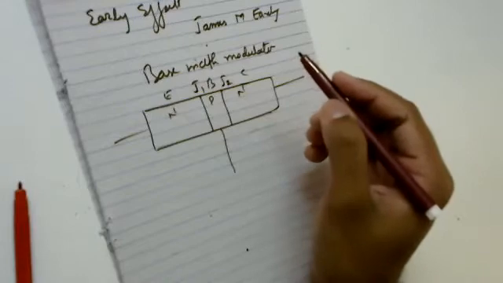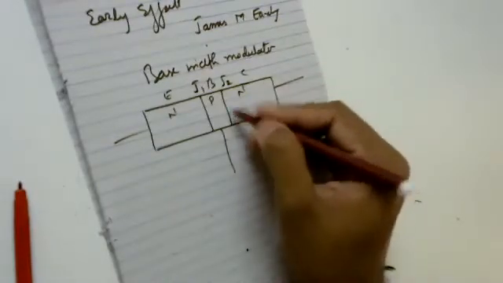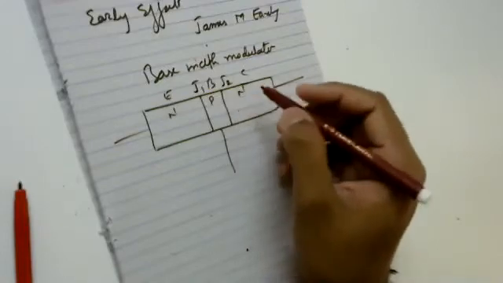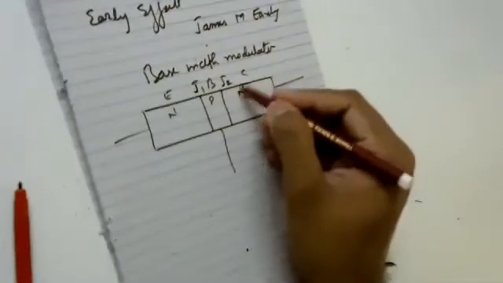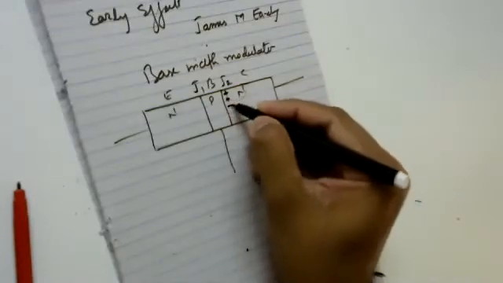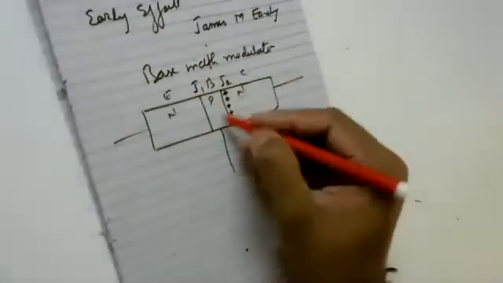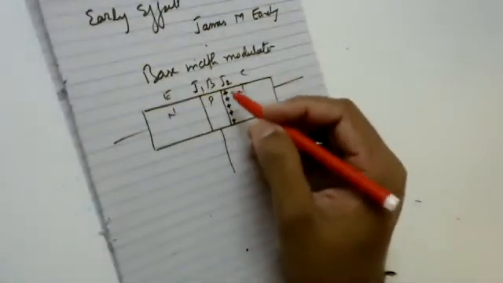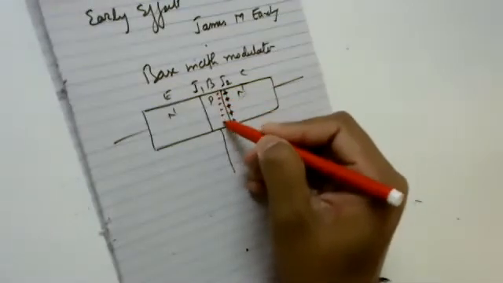On this junction J2, since this is N type material, some holes will be on this side, and since this is P type material, I'll have some electrons.